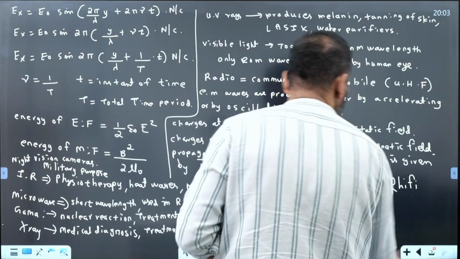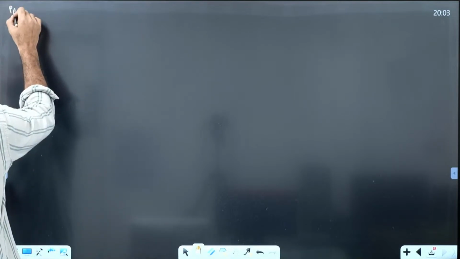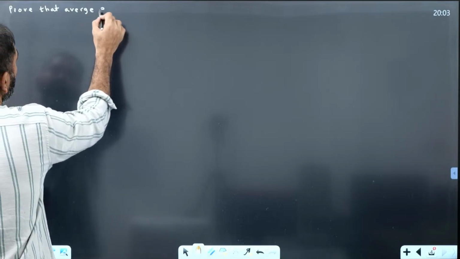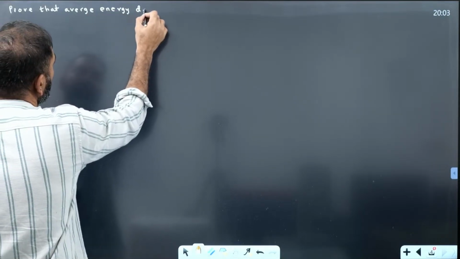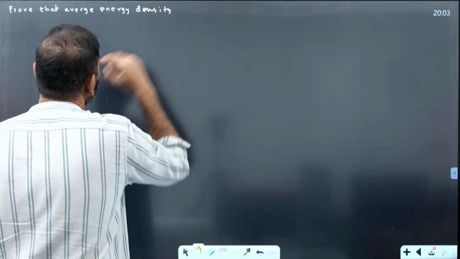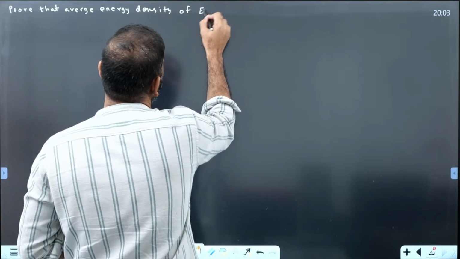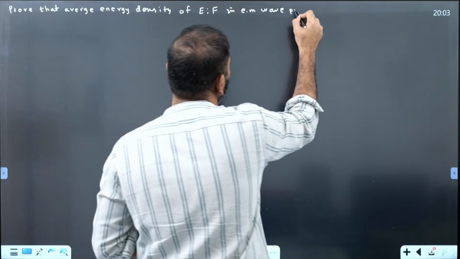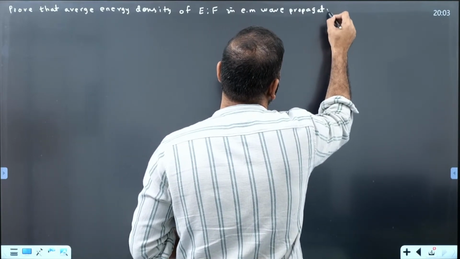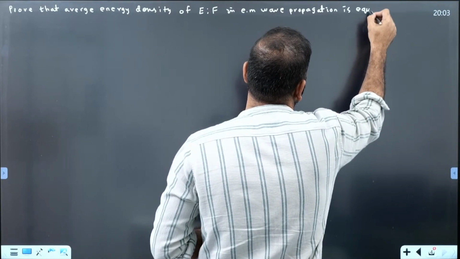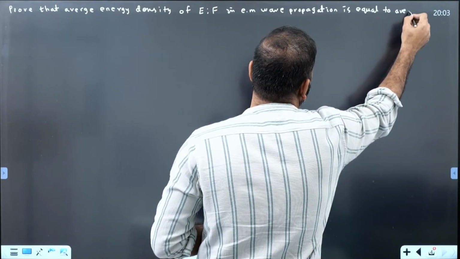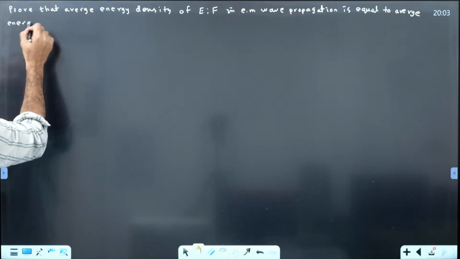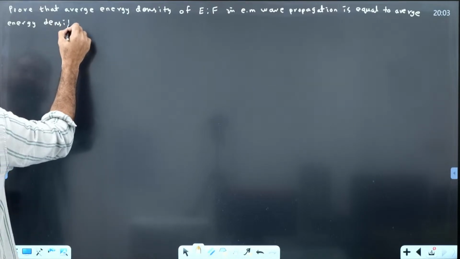Next, prove that the average energy density of the electric field in EM wave propagation is equal to the average energy density of the magnetic field.